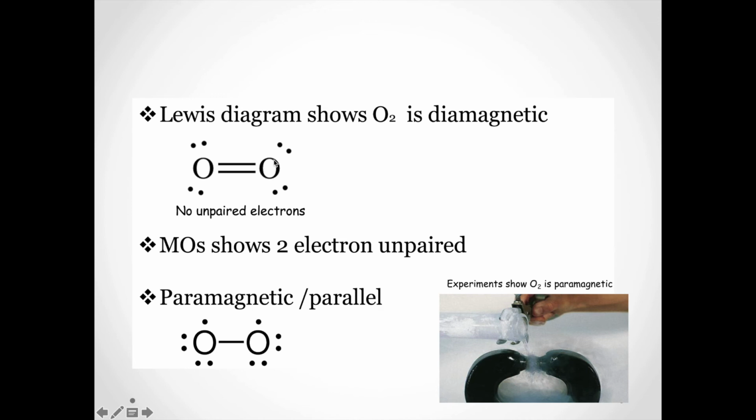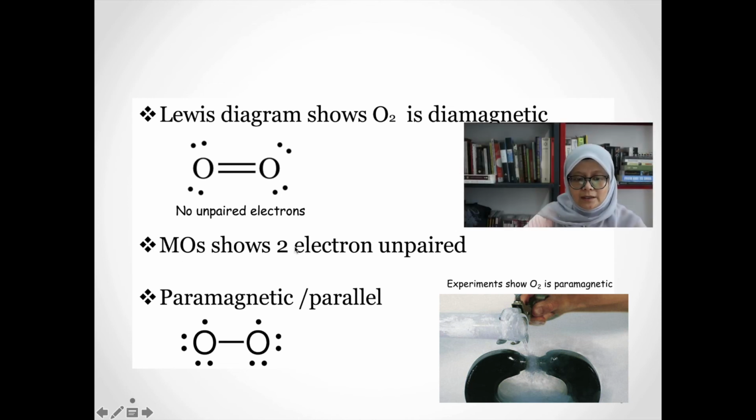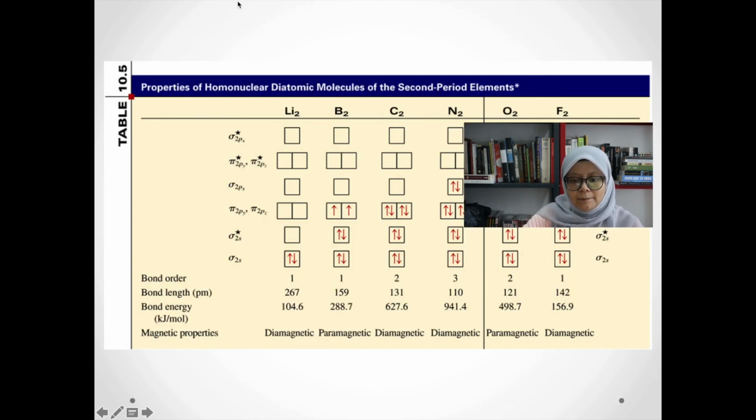So the bond order for oxygen is 2. But from the molecular orbital diagram, it shows that oxygen actually has 2 unpaired electrons. So which one is true? Is oxygen a paramagnetic or diamagnetic compound?